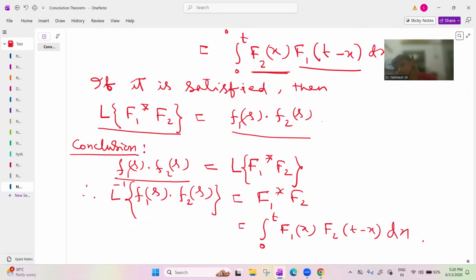Clear? So the inverse Laplace transformation can also be solved with the help of the convolution theorem.